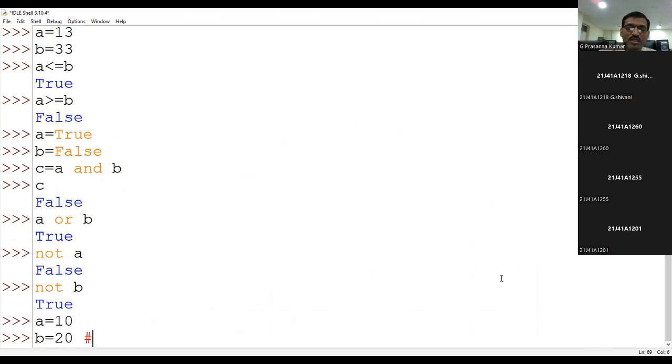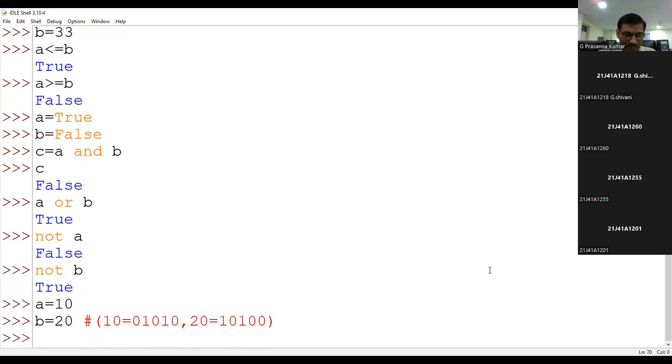For 10, the equivalent value if you convert into the binary format is 0, 1, 0, 1, 0. Here it is 8 plus 2. And 20 is 16 plus 4. It is the 20.